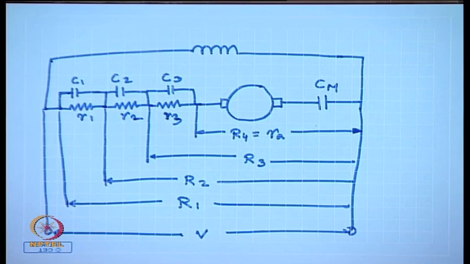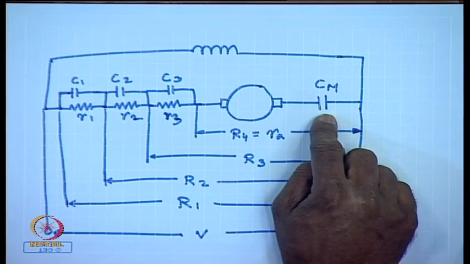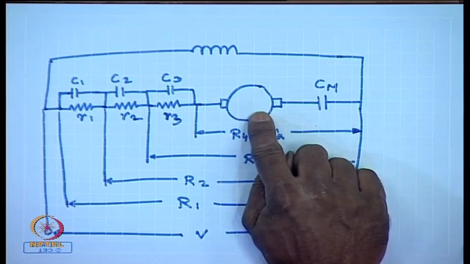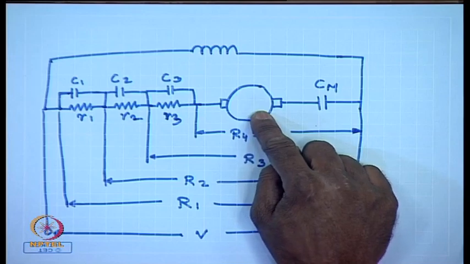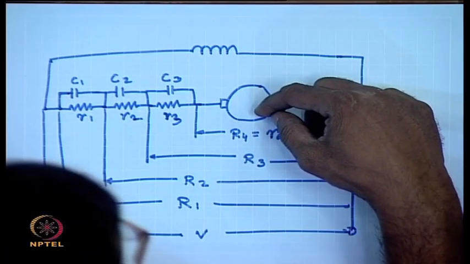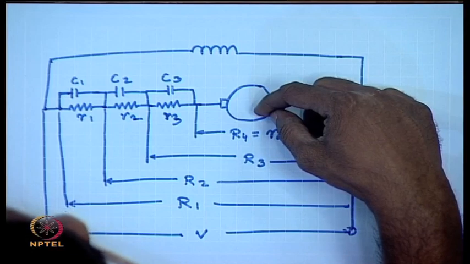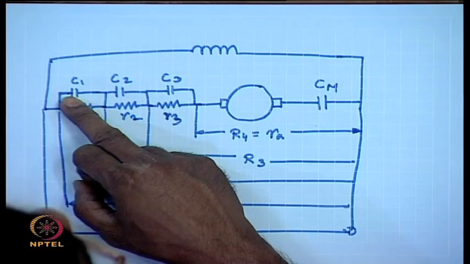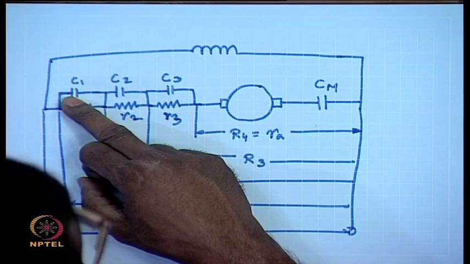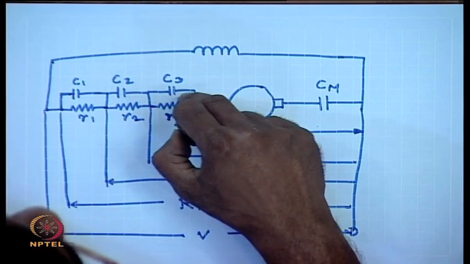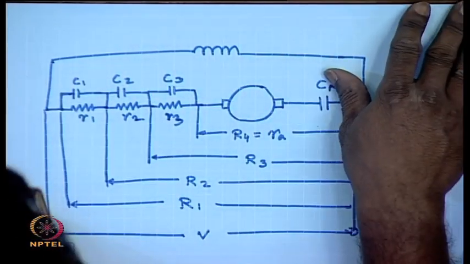So, when you push a start button, first the main contactor closes and the machine starts accelerating. After certain time, when the machine current falls below certain limit, the first contactor closes, the current immediately jumps and torque increases again. After some time C2 closes, after some time C3 closes, so that the machine comes to full speed.